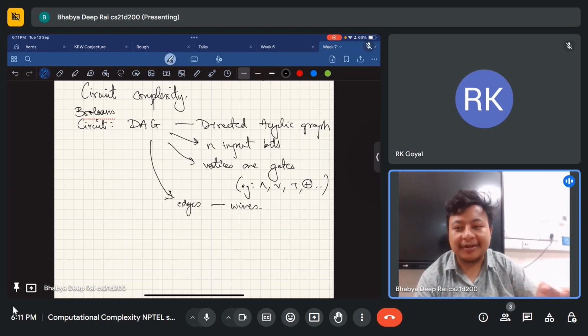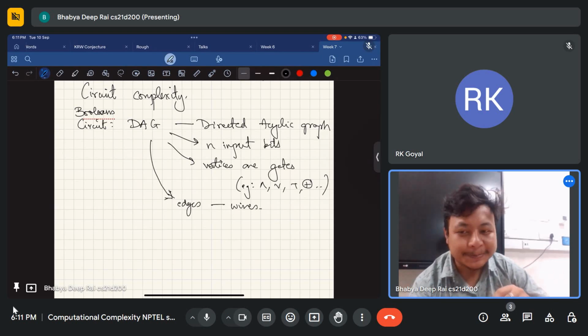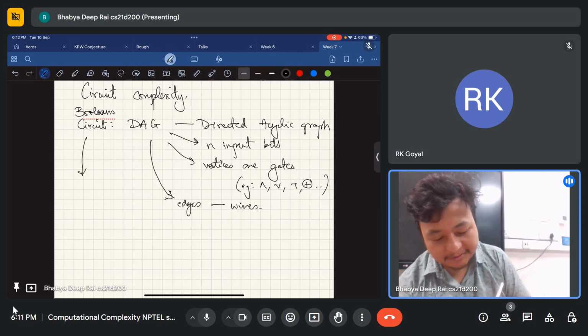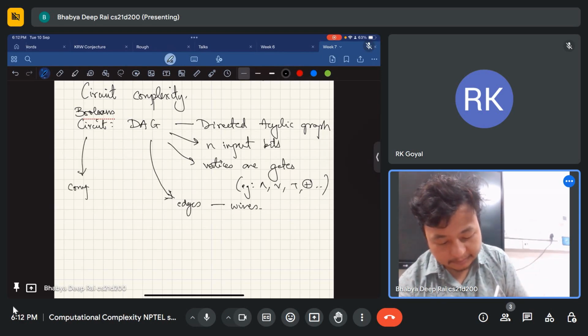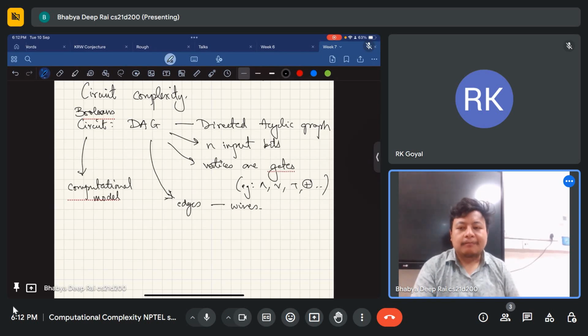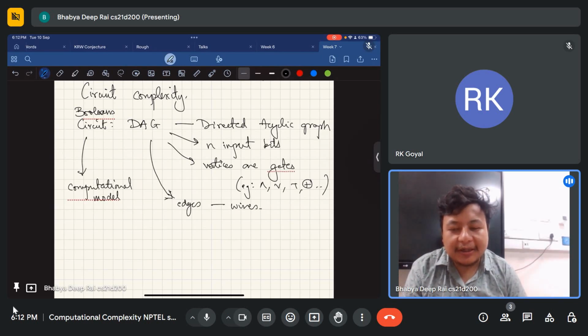You may have seen in your undergraduate courses that we can build adders, comparators, multiplexers, decoders, and all sorts of interesting things. And so a circuit is therefore a computational model.